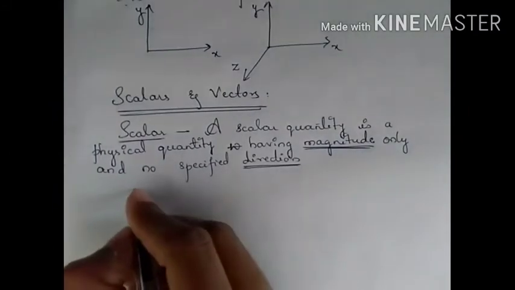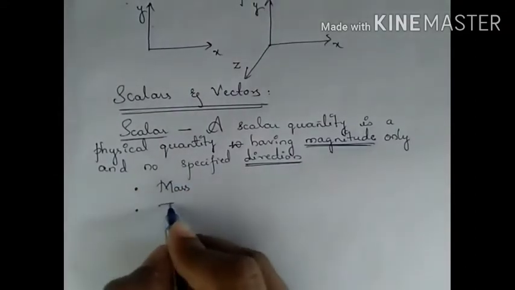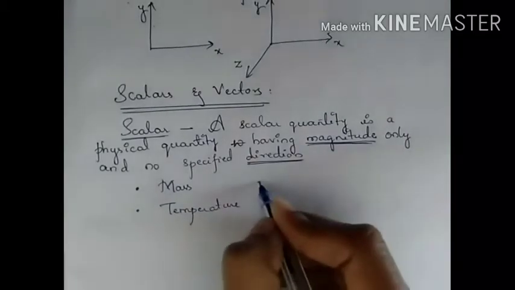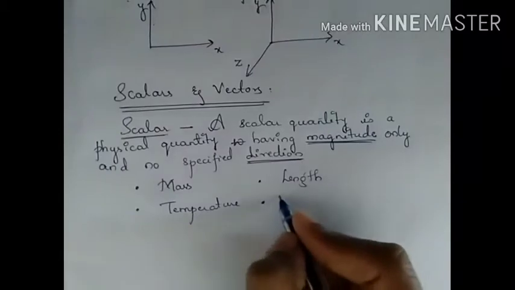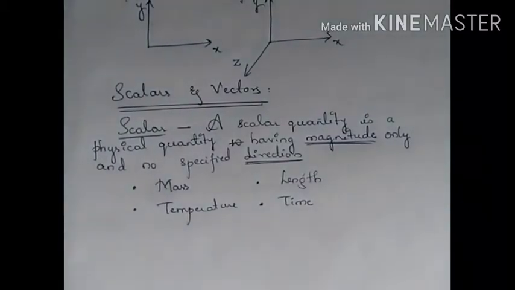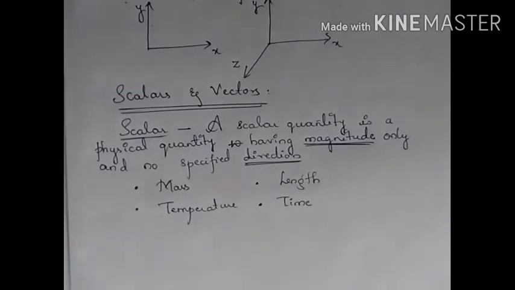For example, you have mass, temperature, length, time, etc. All these physical quantities are scalars. These scalars obey ordinary algebra, like you can add them, subtract them, and divide them.